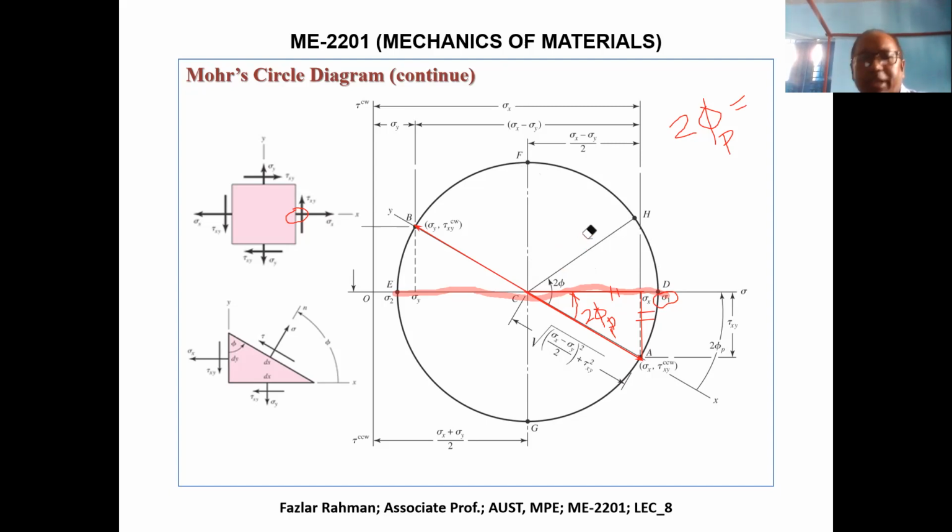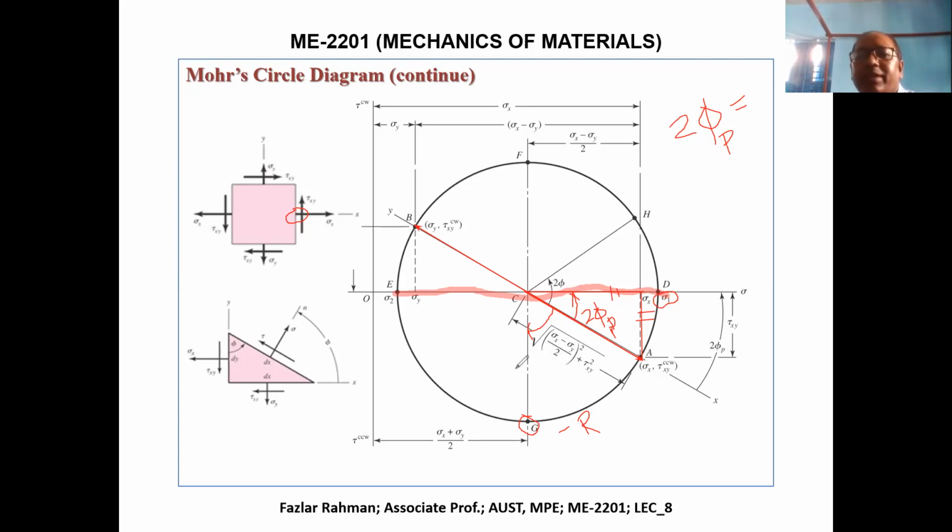Because if you rotate from point A clockwise, you are getting G. What is the shear stress right over here? Equal to the radius of the circle. So that means this is minus R. So if you rotate clockwise, you are getting the shear plane.